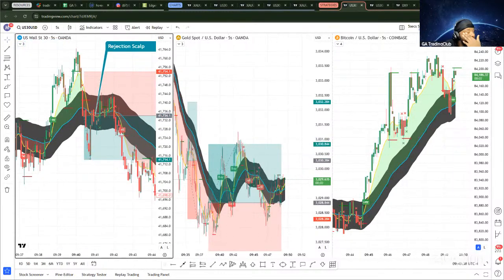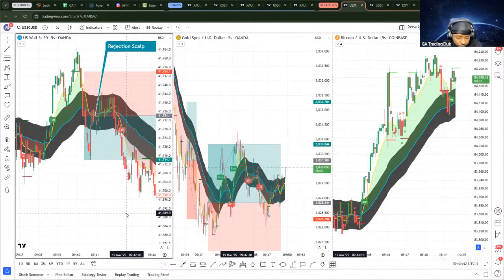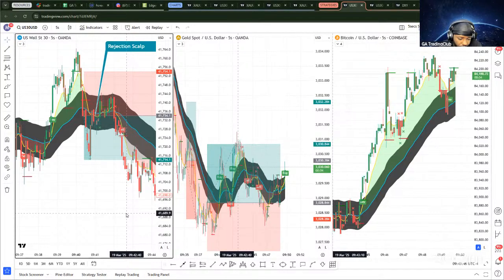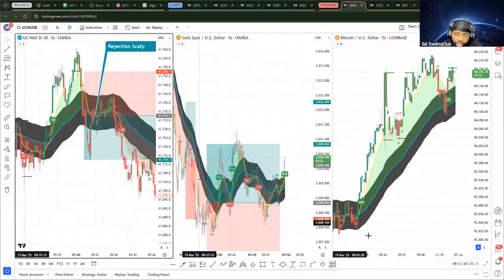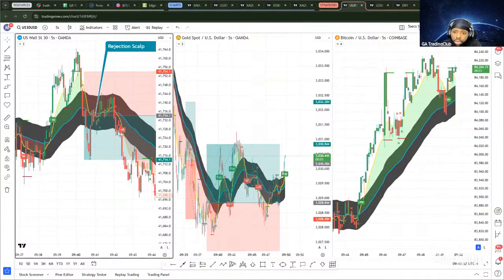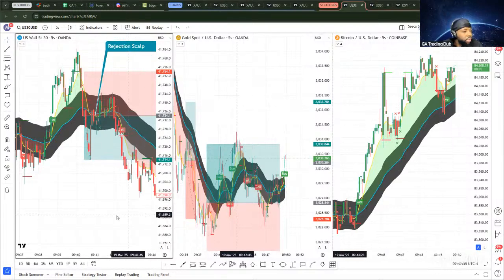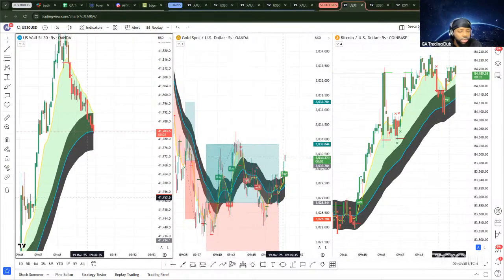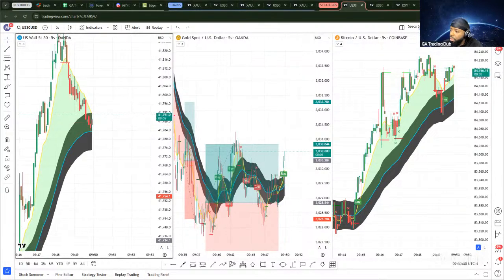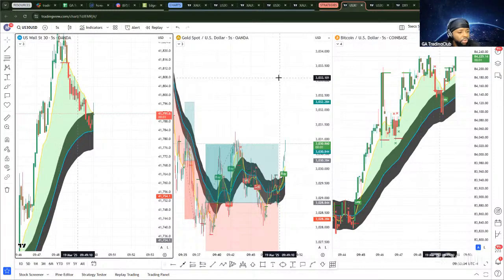Oh my goodness. Should have been up for, anyway, I'm up 2 grand for the day. That one US 30 trade did not fill for my account. That's annoying. Or did it? Unless I'm looking at the wrong account.